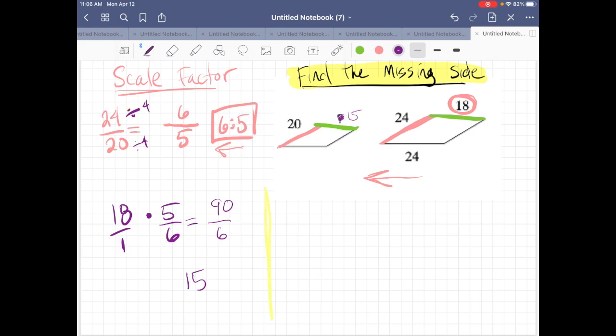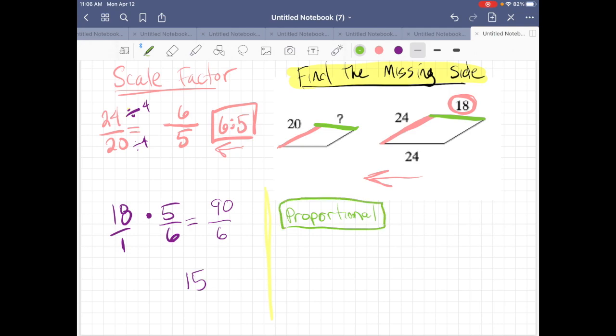So another way to do this, I'm going to show you a second way, and perhaps an easier way, certainly a little bit less work, would be what I'm calling the proportional method. You can set up a proportion.